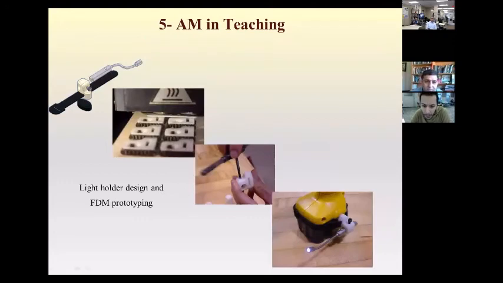Another example was utilizing that for making a new product, adding a flashlight to a drill. So that was again utilizing additive manufacturing for making part of the components that you need. And you see through these examples that additive manufacturing is one of many processes that can be used.